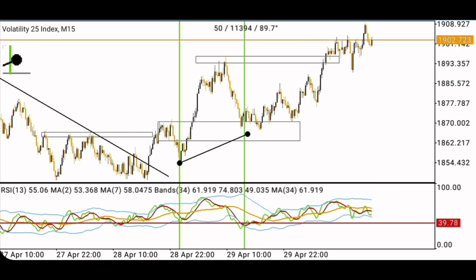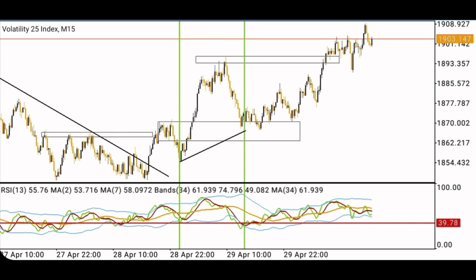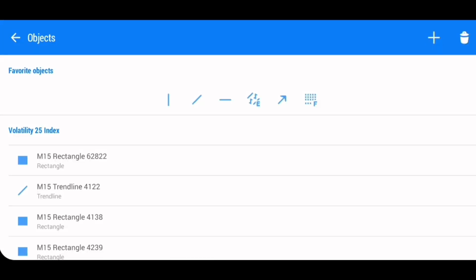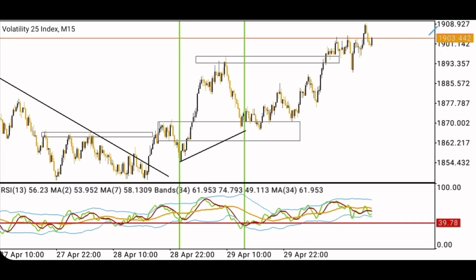And the last check, you have to make sure that you have a hidden divergence on the RSI indicator. In our case here, on the main chart, you can see that price is making a higher low, but on the RSI indicator, it is making a lower low. So that is what we call a hidden divergence.